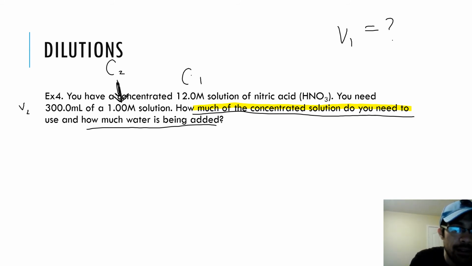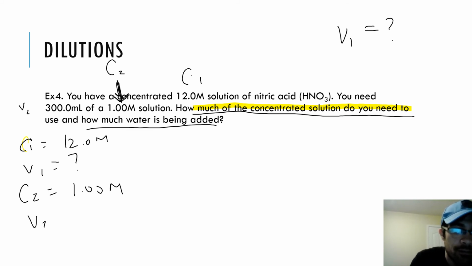I'm going to write it out for you. So these are the numbers that we have to start. We want a 1 molar solution, and we need 300 milliliters of it. It's going to go straight to plugging in the numbers in this case, just because we've done a couple now.